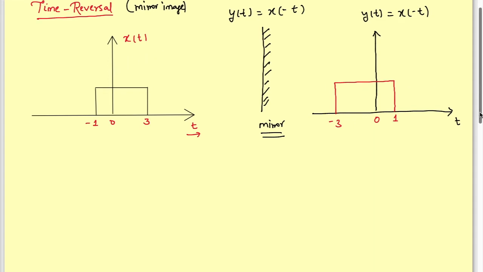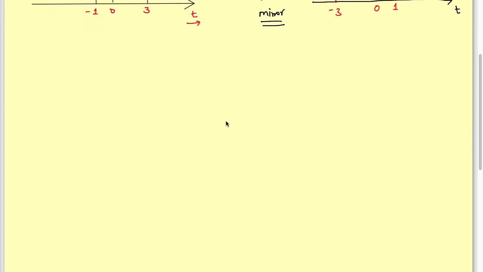Now moving toward some other operation, that is time scaling. Let me write it down, time scaling. In this operation, we are either going to compress our signal or expand our signal. The expression of y of t is represented as x of alpha t.